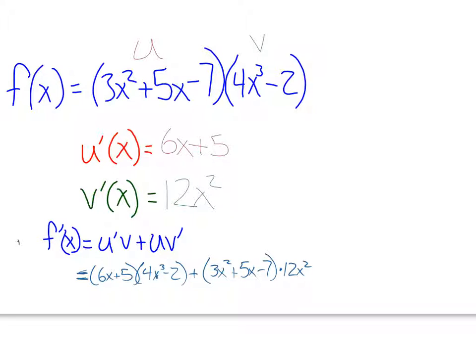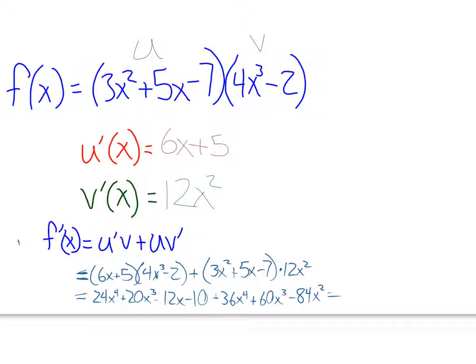So u prime v plus uv prime. We will go ahead and simplify this one, even though we have to FOIL a little bit. Okay? We've got a 24x to the 4th plus 20x cubed minus 12x minus 10. All we have to do on the second part is to distribute. So we have a plus 36x to the 4th plus 60x cubed minus 84x squared.